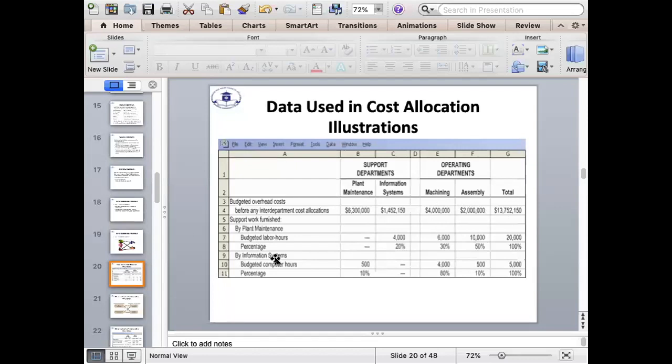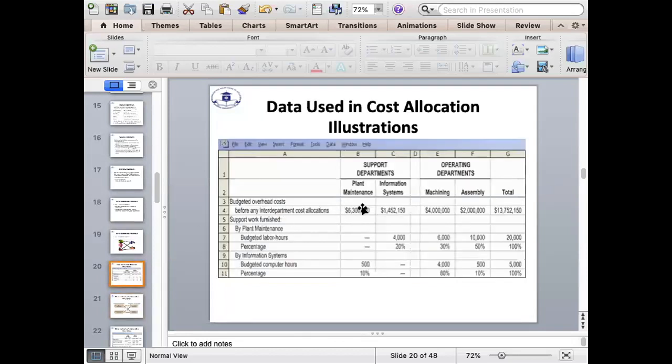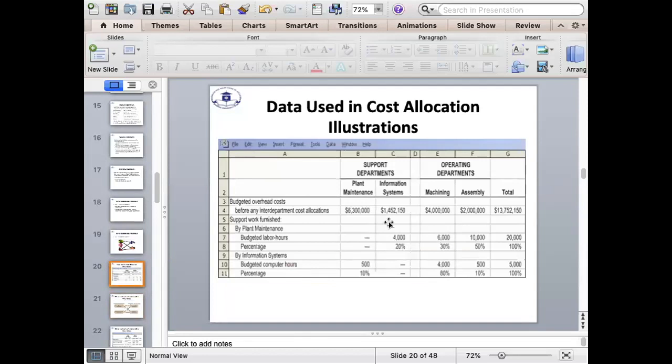Okay, so let's move on to the next one. Plant maintenance, which is 6.3 million, and information system 1.452 million. We allocate this number here and here. How we got this number, of course, the next slide will explain how you got this number and this number.